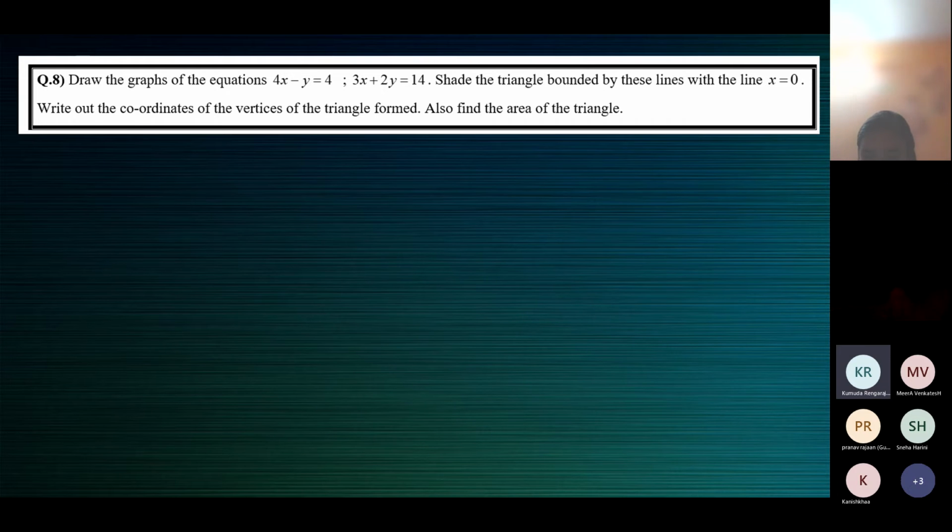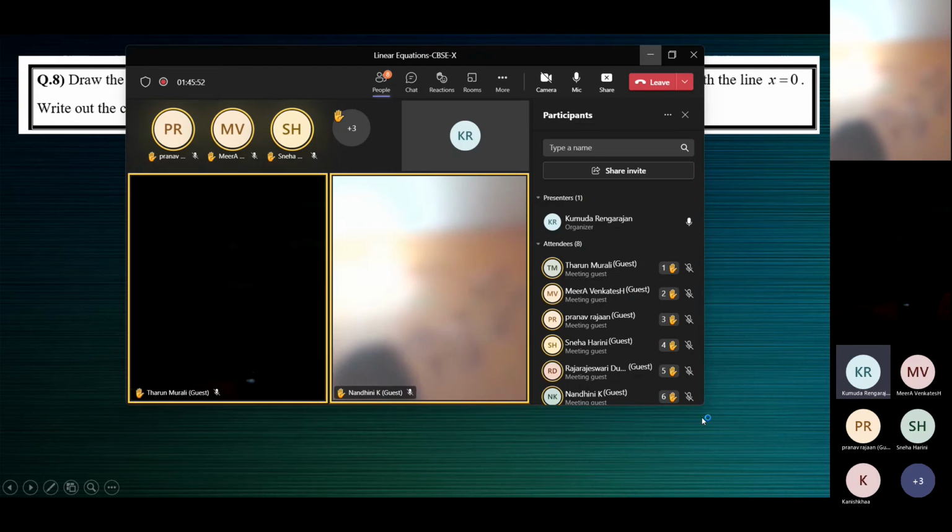It's not complete, you've not mentioned the points that you've plotted, but anyways, you've got the graph lines correctly. Good. Sneha, you still need to extend the line to cut the y-axis. I'll show you. When I show you, you will understand. You'll have to produce your lines. Otherwise, you're right.